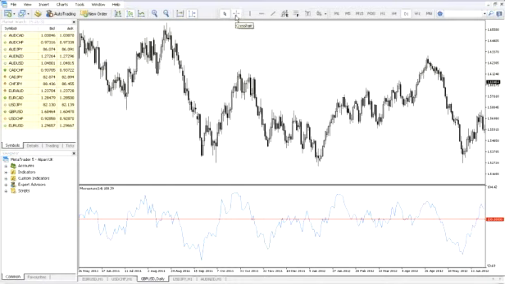Now, despite the fact that the second swing is below the first swing, which would indicate that the trend is still on its way down, if you look at the momentum indicator, the second swing is actually above the first swing.